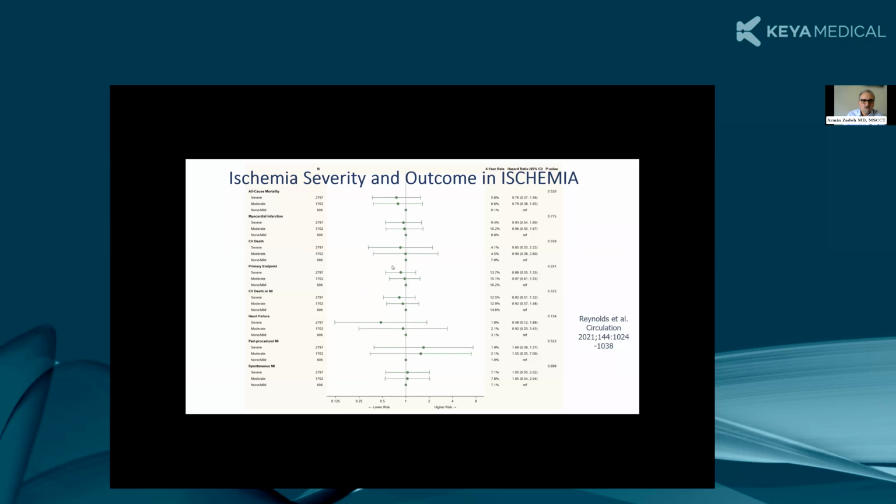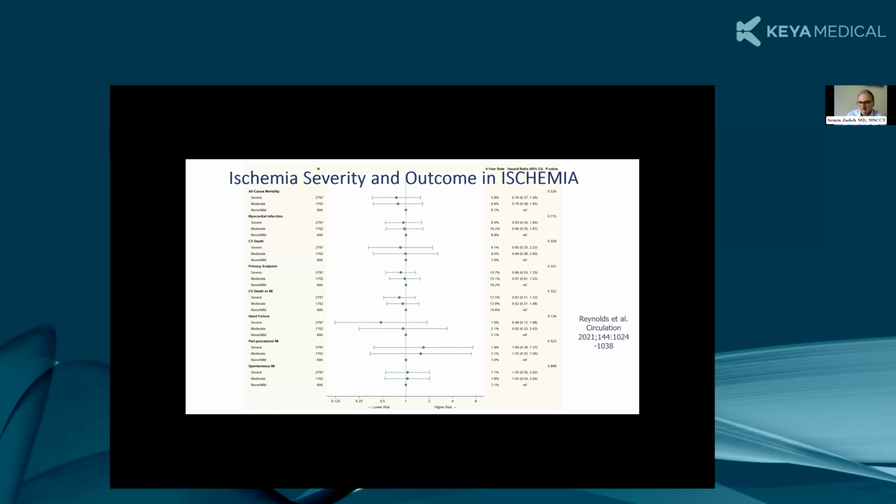And for all these endpoints, if you adjust for the coronary atherosclerotic disease burden, there's no evidence that ischemia has any independent predictive value. So that is very important to keep in mind, and it's difficult to convey because for the past decades, we always have been trained to think about ischemia, but ischemia really does not have an independent value in stable disease for prognosis.